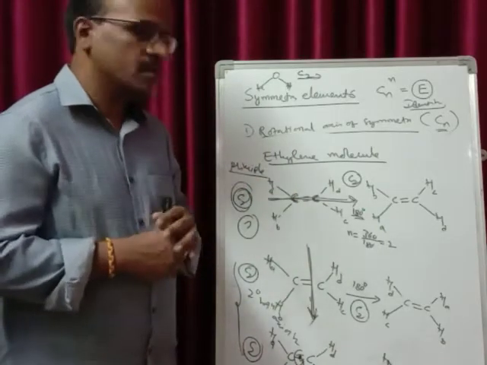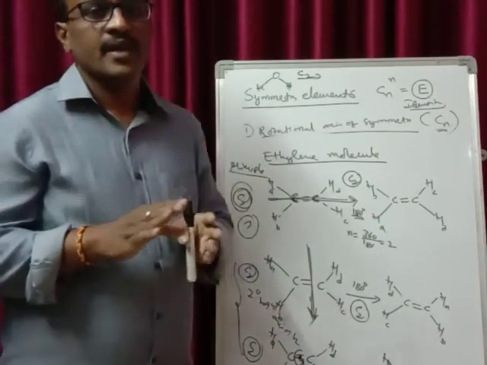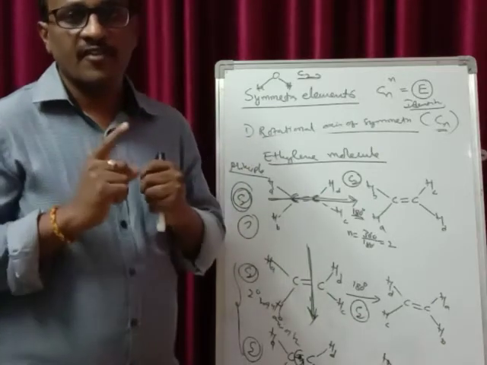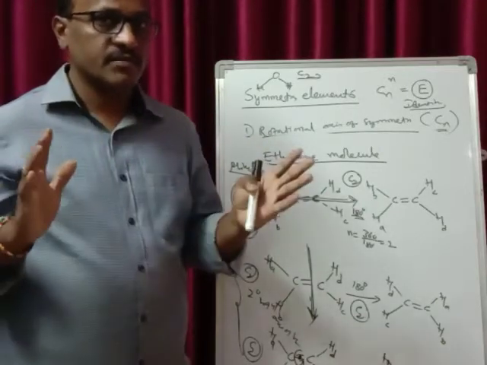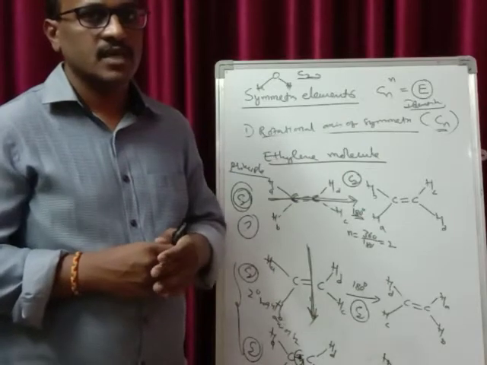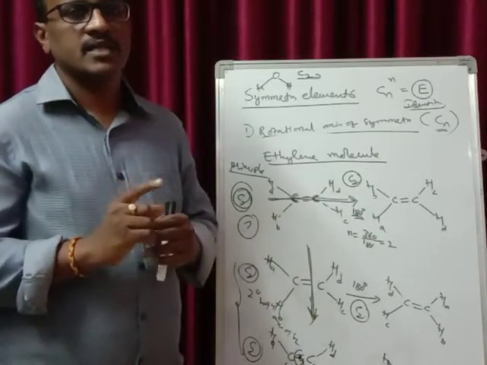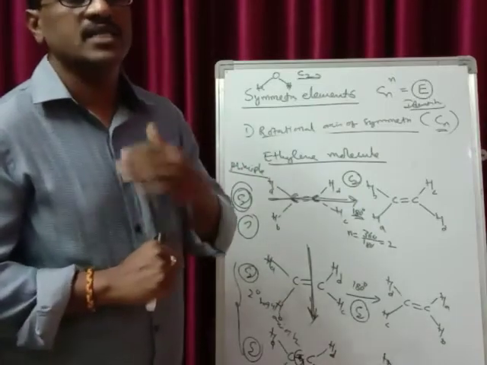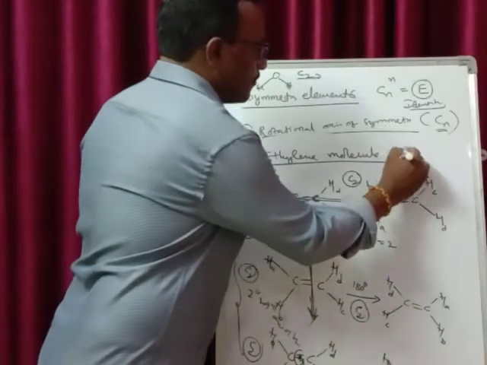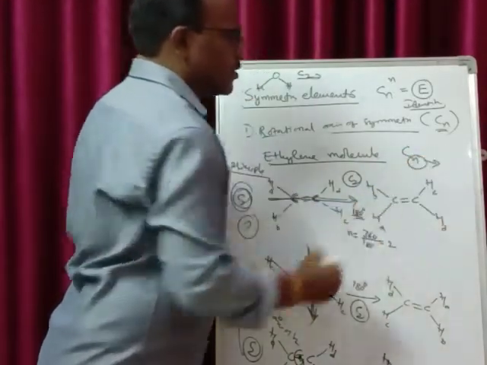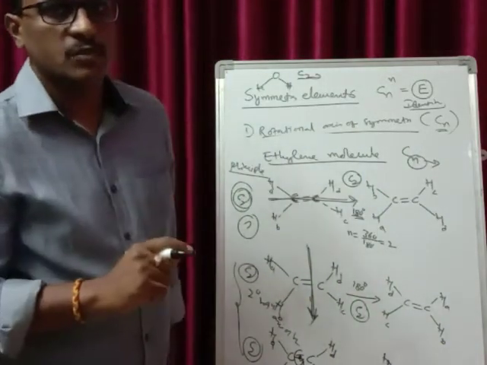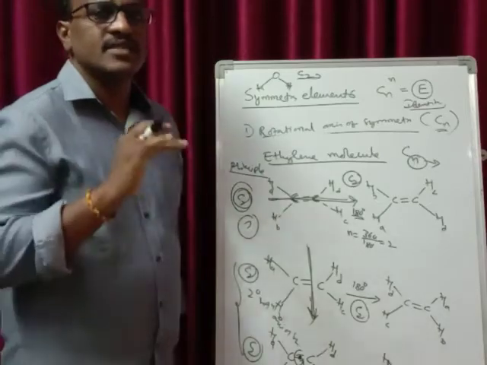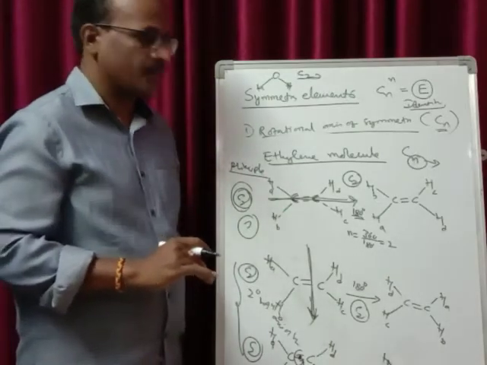Just giving a revision: if a molecule has different types of rotational axes of symmetry, then the rotational axis which has the highest n-fold value, the highest n value, should be considered as the principal rotational axis of symmetry, and the rest of them are considered as secondary axes of symmetry.